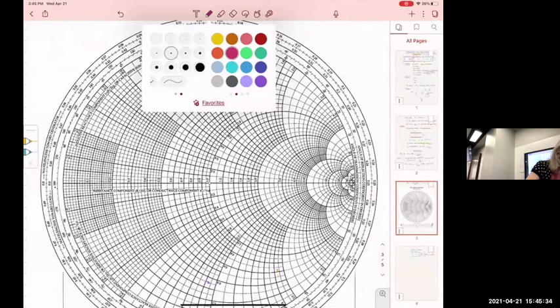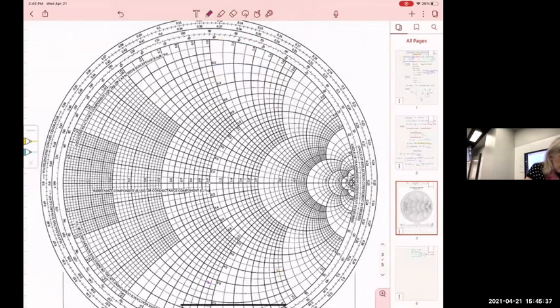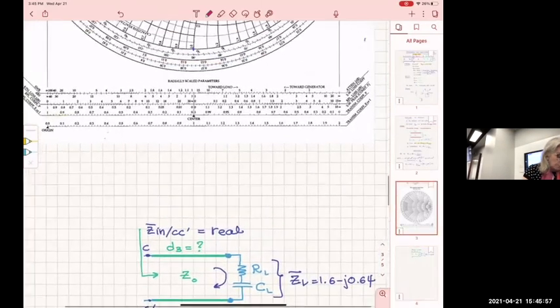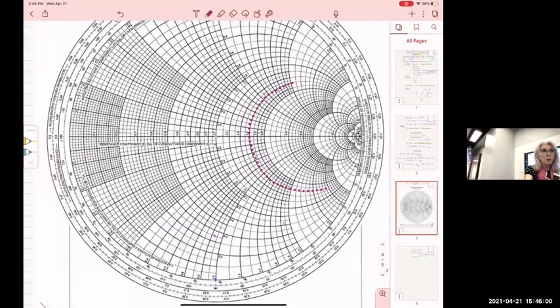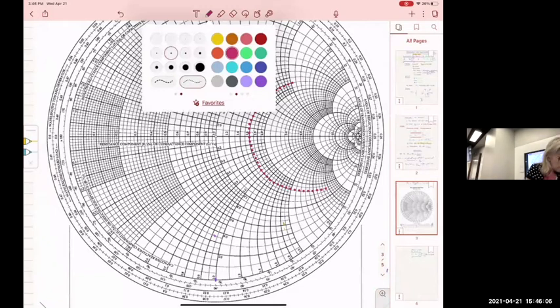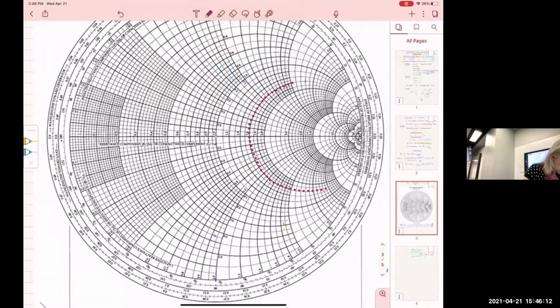Okay, 1.6 is here, and all the points of this circle have 1.6 real part, okay? Now I'm going to find the 0.64 reactive, it's negative. So I'm going to go to the lower part of the Smith chart, and I'm going to find minus 0.64, which is somewhere here, and with a green.